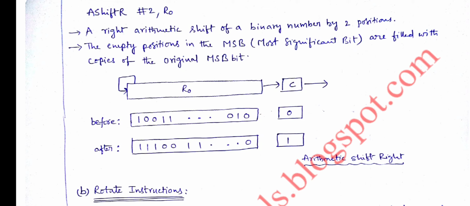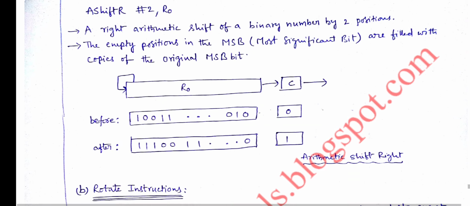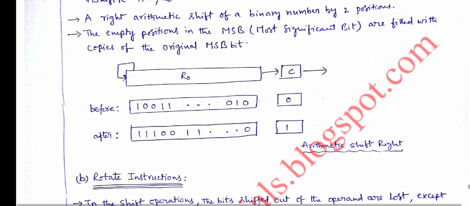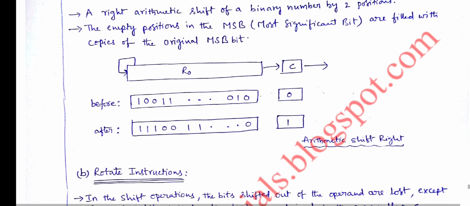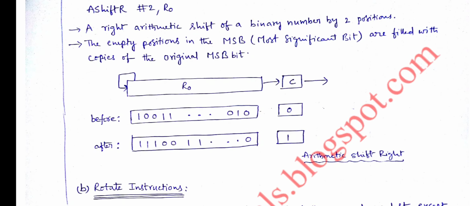Least significant bit is on the right side and most significant bit is on the left side.